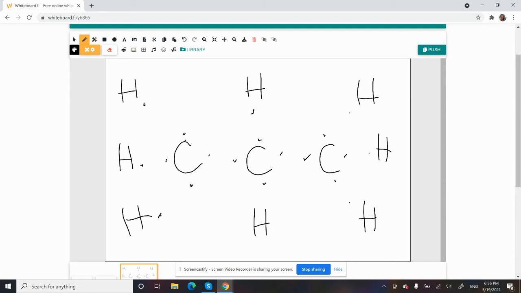So I'm going to connect all of the hydrogens to the carbons, and then I'm going to bond the carbons to one another afterwards. So then it just appears to me that single bonds are the best way to go. So that is that structure.